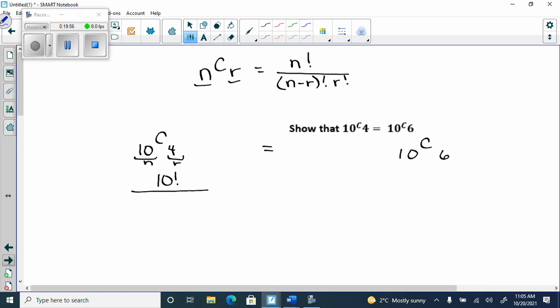So it's going to be 10 minus 4 factorial. And then we do r factorial, which is 4 factorial. And then we're going to go 10 factorial over, what's 10 minus 4? 6 factorial, 4 factorial, right? We're not getting an answer. That's it. We're going to stop there.